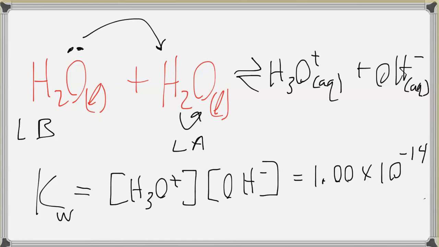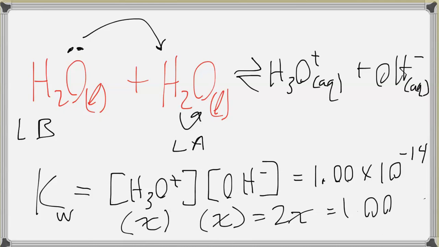So we could ask, what is the concentration of each? Well, in a neutral solution, the concentration of H3O plus would equal the concentration of OH minus, and if we don't know what that is, this is X, and this is X, right? That would give us X squared, and that equals 1.00 times 10 to the minus 14th.